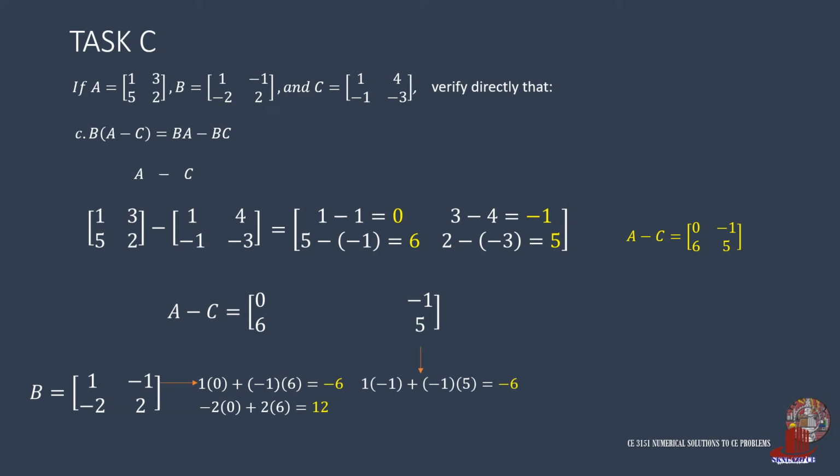When we multiply 1 and negative 1, then add negative 1 times 5. Then complete the elements by solving row 2 with column 2. That is negative 2 times negative 1 plus 2 times 5 giving 12. So matrix B times matrix A minus C has the elements negative 6, another negative 6, 12, and yet another 12.